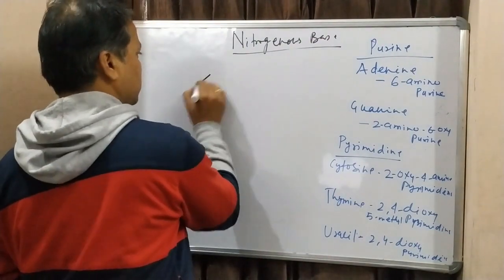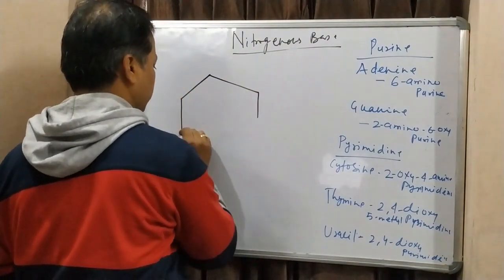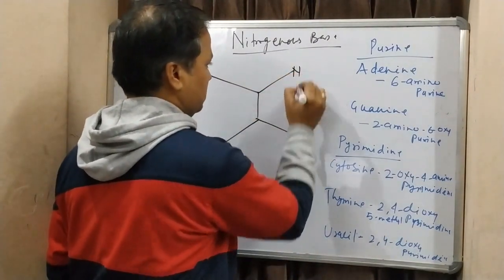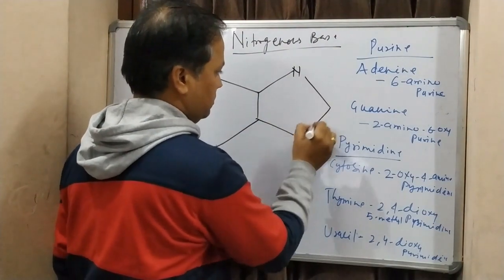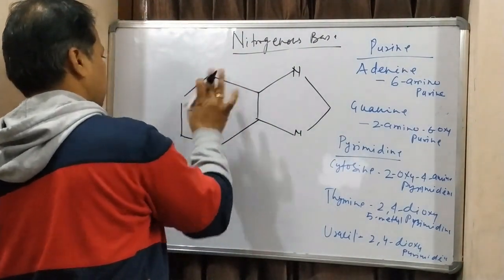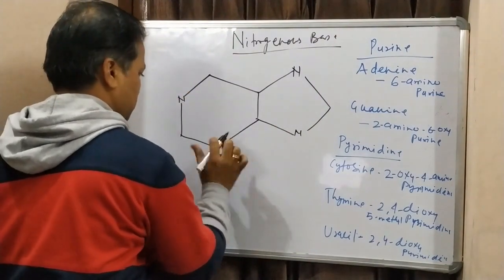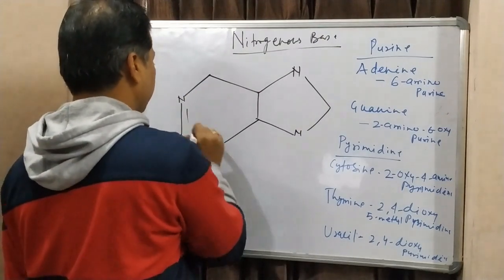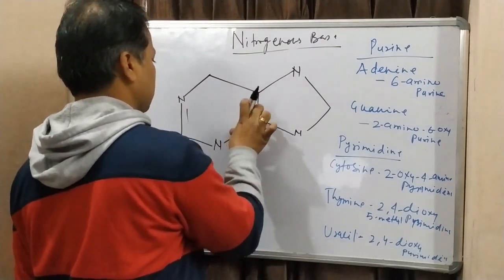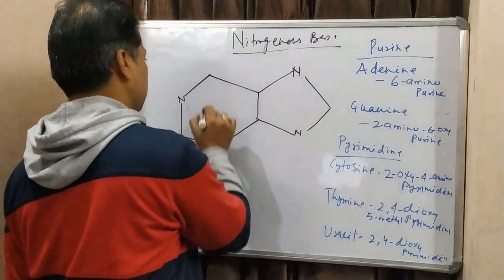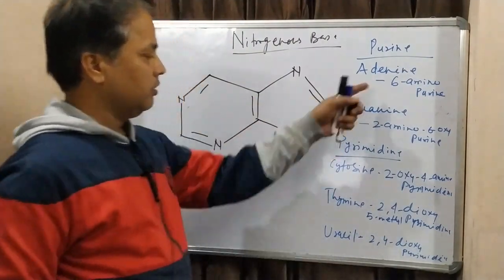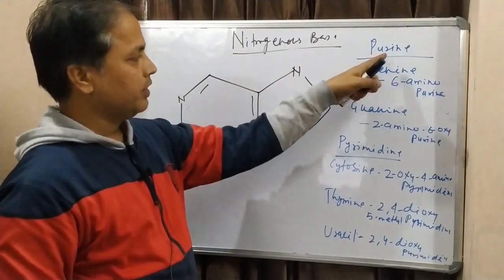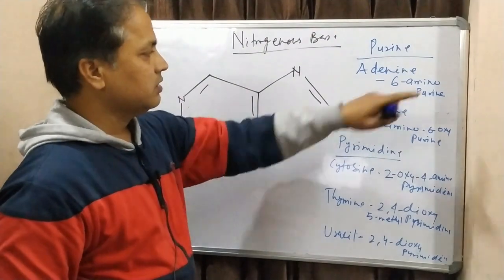So this is the basic template for purine. Now if you write adenine, it is 6-aminopurine.